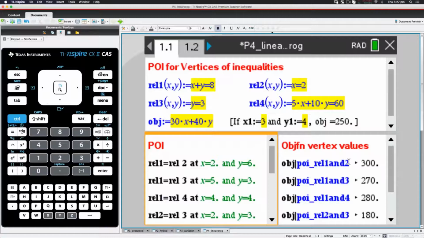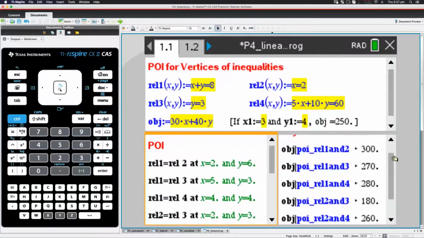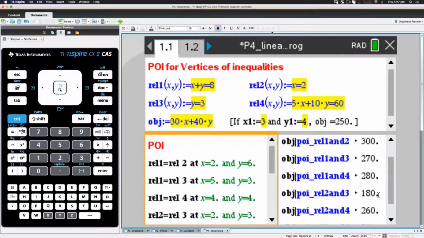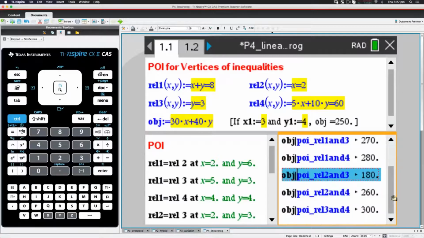So this calculation is saying what is the value of 30x plus 40y, the OBJ or objective function, at that point of intersection. And if you scroll down through here, you can see, okay, it looks like relation 2 and 3 will give me the minimum cost of those.